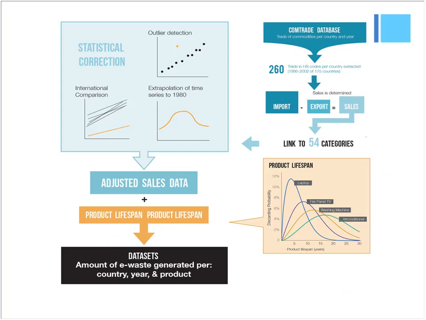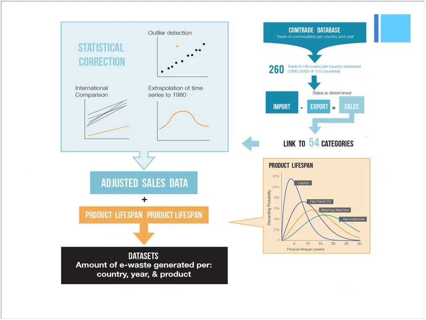I will not spend too much time on the methodology. I am an academic, I can talk for hours on this. But very simply summarized, in this sheet you see what is happening. We're taking the Comtrade database, and there are a couple of hundred good codes related to e-waste. We have analyzed all those good codes individually to be sure that there's indeed e-waste in there. And sometimes that's hard because the good codes are not designed to classify e-waste. They are designed for our international trade system in a way.